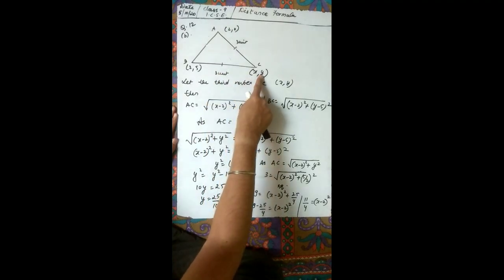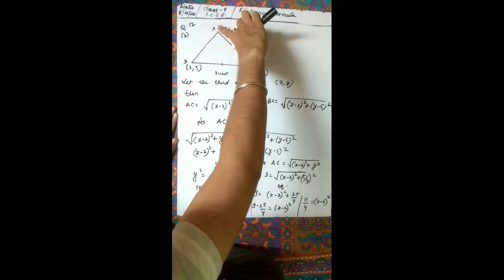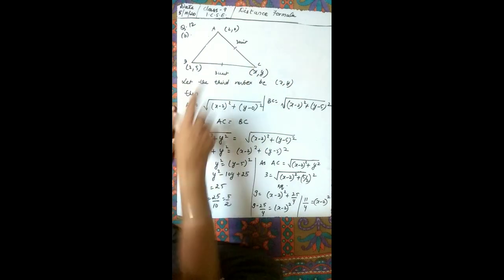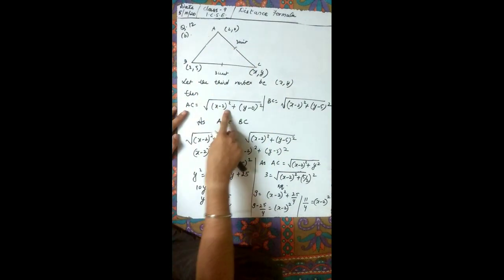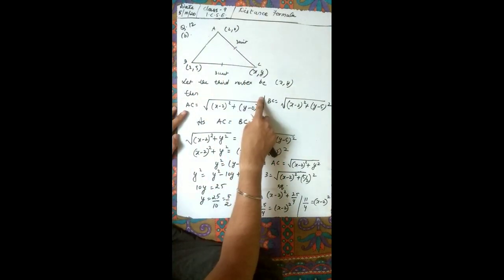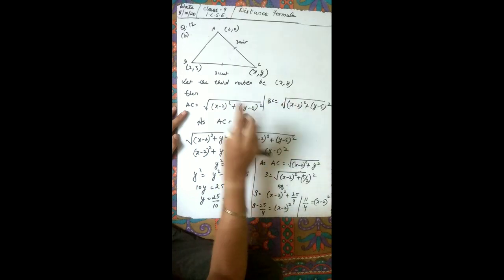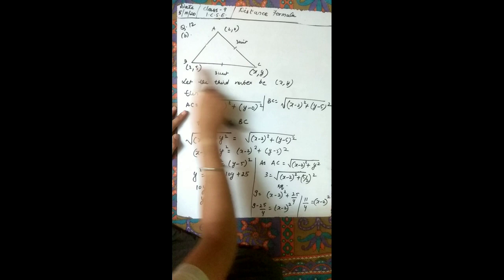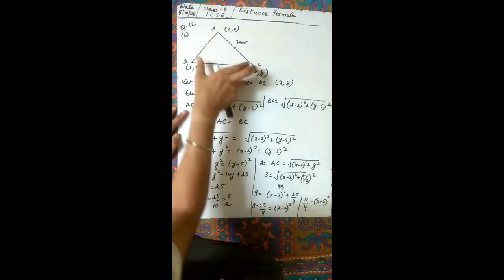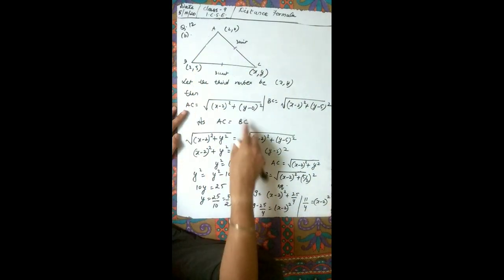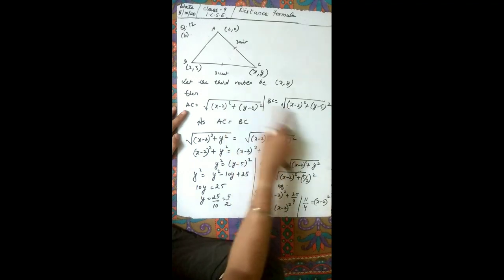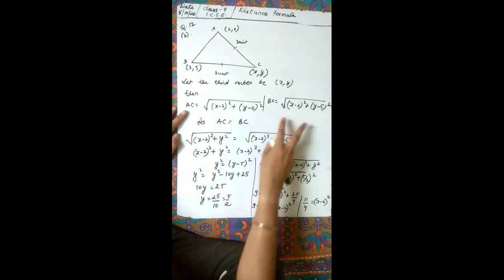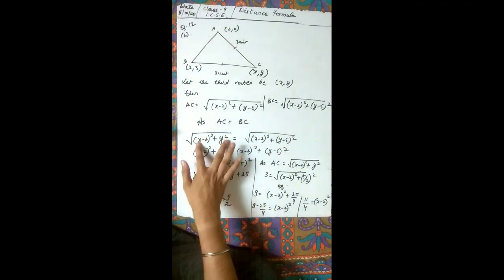If we have considered (x, y), let us find the distance between this and this. So AC will be root of (x minus 2) the whole square plus (y minus 0) the whole square. Keep it as it is. BC will be root of (x minus 2) the whole square plus (y minus 5) the whole square. As AC and BC are equal, make these two expressions equal.